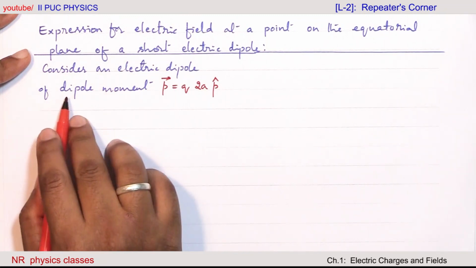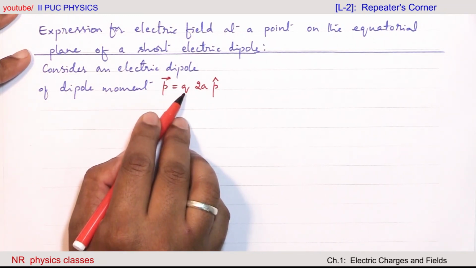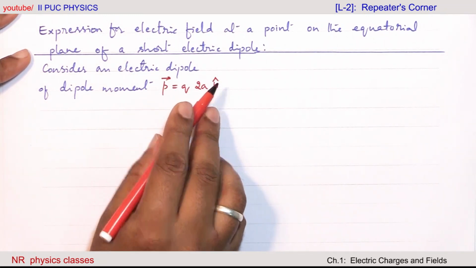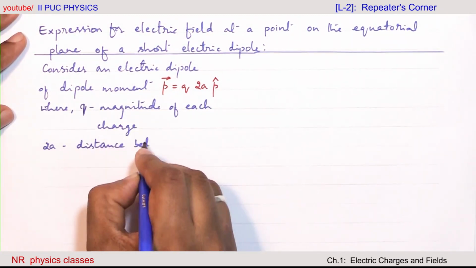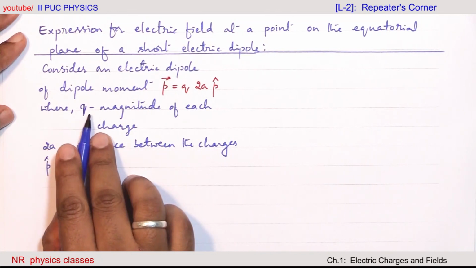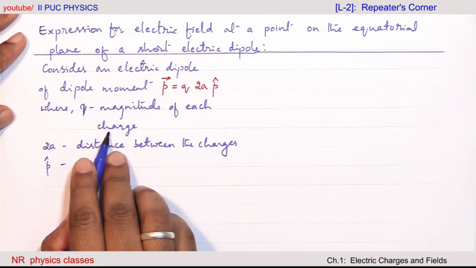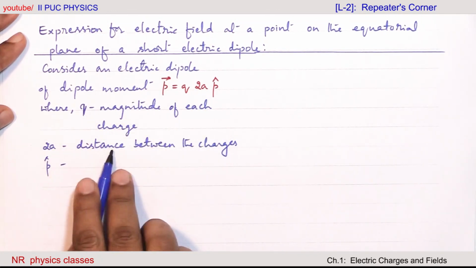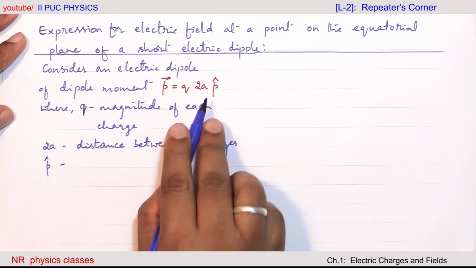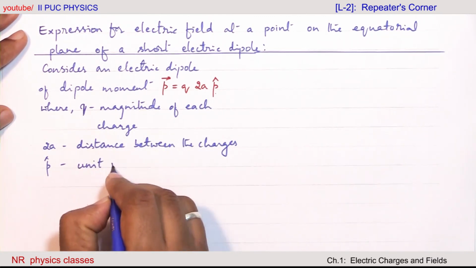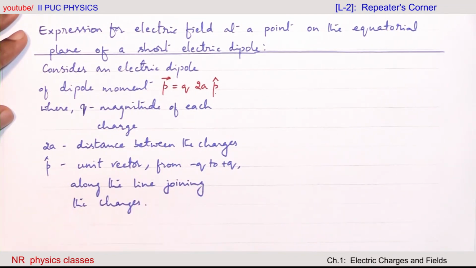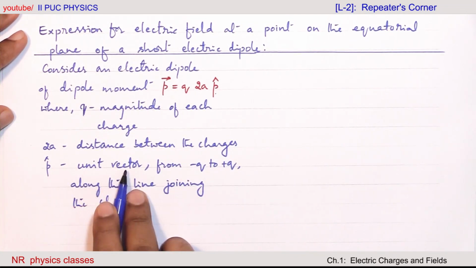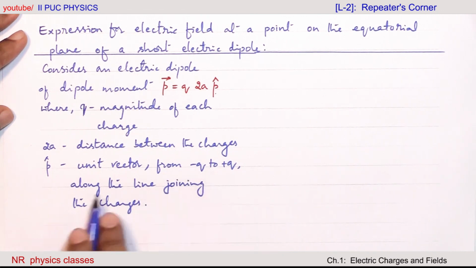Consider an electric dipole of dipole moment P equal to Q into 2A into P cap, where Q is the magnitude of each charge, 2A is the distance between the charges, P cap is a unit vector from minus q to plus q along the line joining the charges.